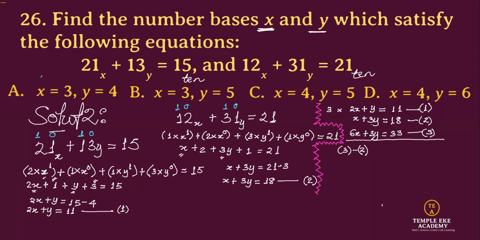So we have equation 3 minus equation 2 in the new command. That means bottom equation here subtracts the top equation. 6x minus x gives us 5x. Equation 3 minus equation 2: 3y minus 3y cancel out, 0, equals now 33 minus 18 gives us 15.